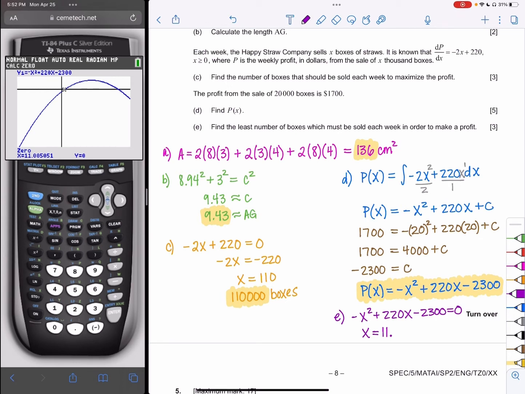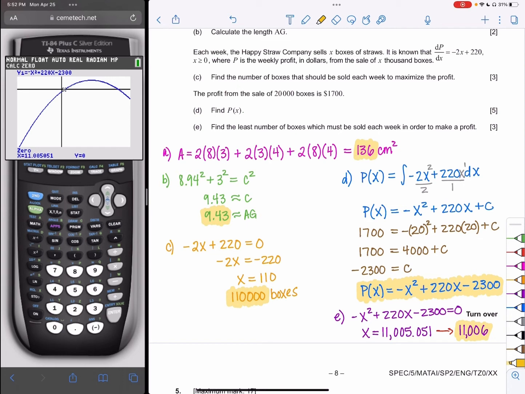But if I were to write my answer in thousands, that means that I will end up having 11,005 boxes, and then I would have a part of a box left over, which means that if I want to make a profit, then I need to round it up to the nearest whole number, which means that I need to sell 11,006 boxes in order to make a profit.